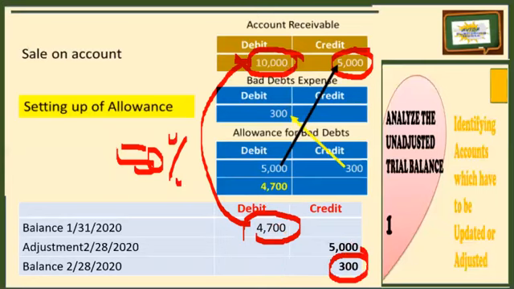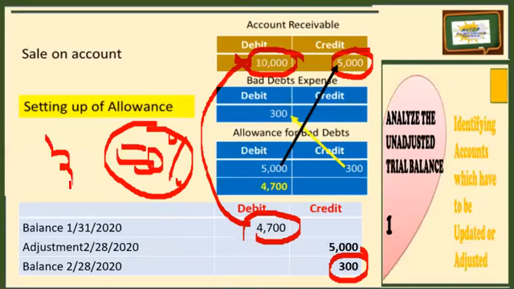So this is not widely used because you have to consistently monitor, just like having to adjust your rate every now and then. You will not have a constant rate in this kind of allowance method. But in the accounts receivable method, you can have a constant rate.